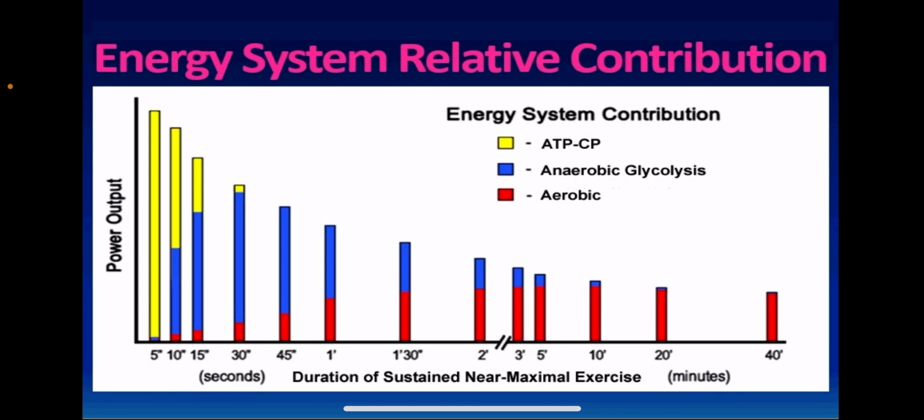If we look at its relative contribution, we can see there in the yellow at the start, its power output is huge. Because of its rapid, instantaneous breaking down and replenishment of ATP, it can be used very well in that first initial phase of exercise, but very quickly depletes.